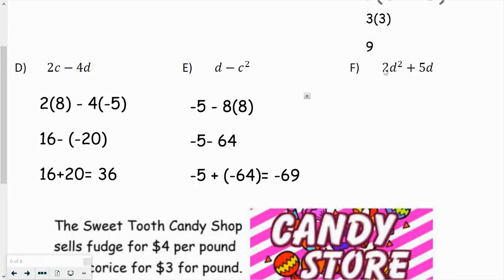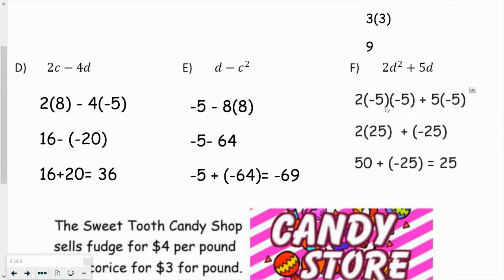F. Again, we have a multiplication, then exponent. Then we're adding another product. Remember your order of operations, you have to do exponents before you can do multiplication. So I have to take the value of d times d, so that negative 5 times negative 5 first, which gives me that 25.